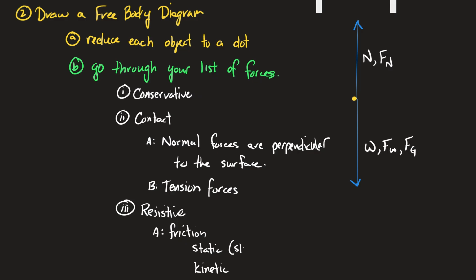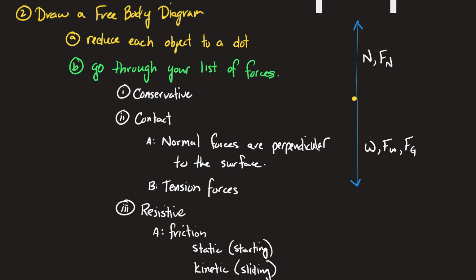Static also means starting, and kinetic means sliding. If the object's not moving, there's no kinetic friction, right? That's only there if it's sliding. There can be starting friction for an object that's not moving. That means there's something trying to prevent the box from sliding.